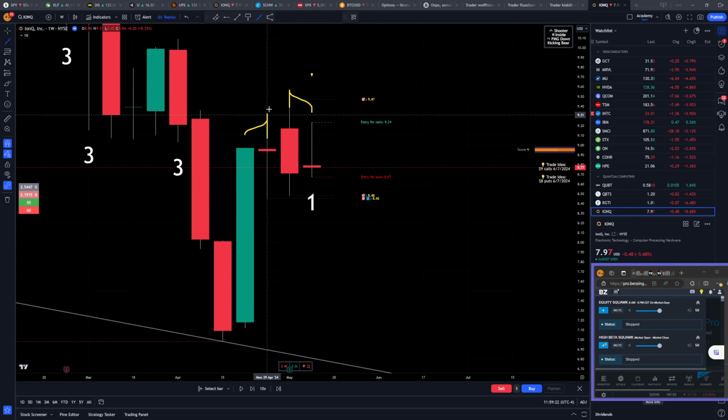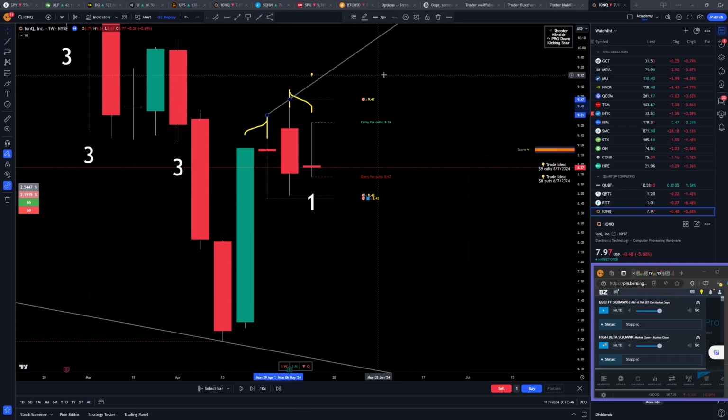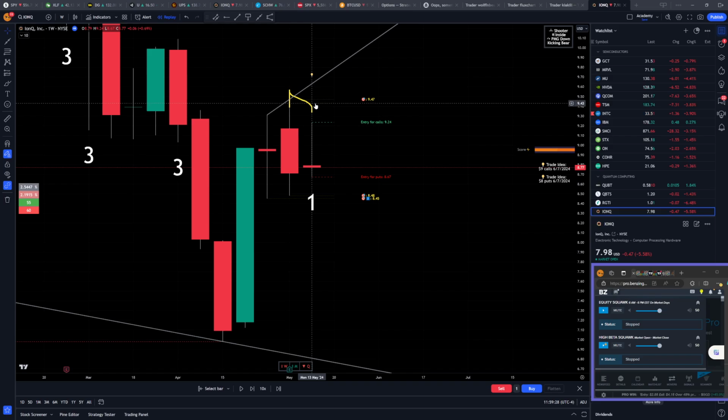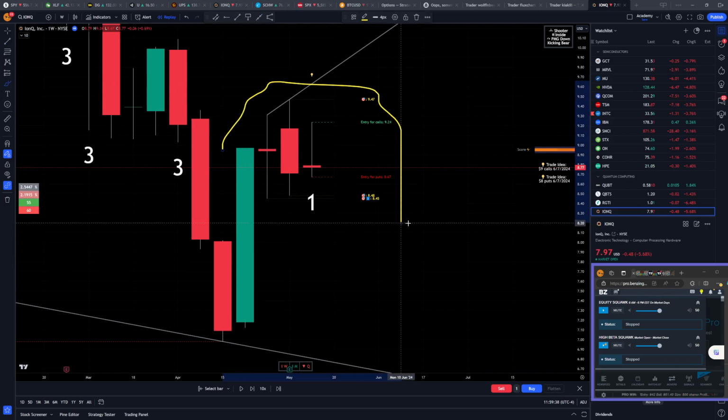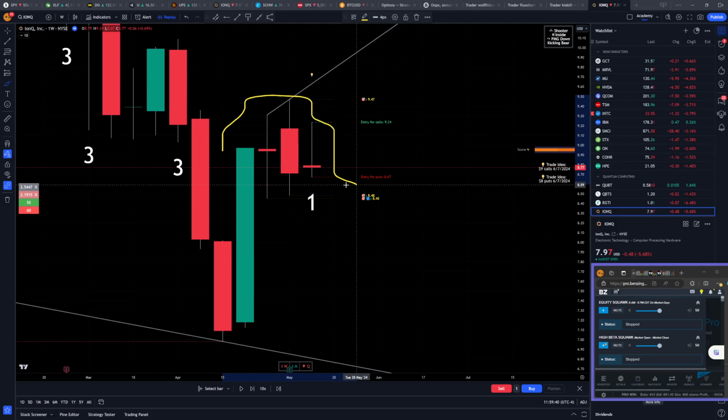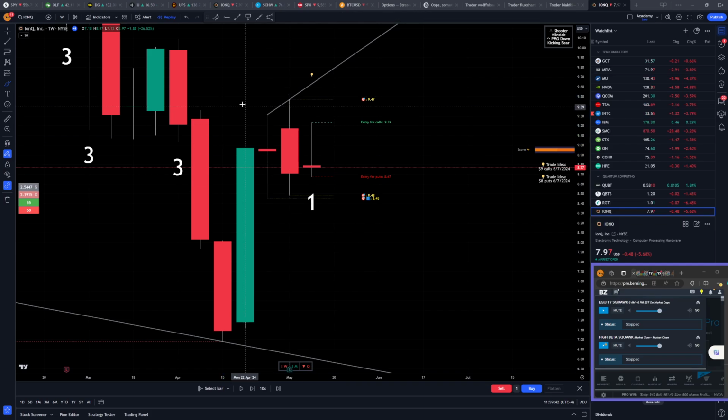We can either connect that to that for a broadening formation, or connect this highest candle, because we know that this whole thing here was a swing high.